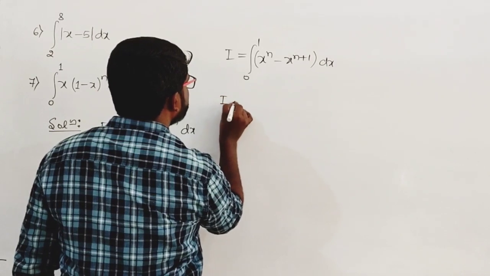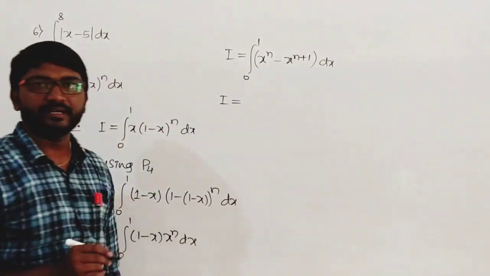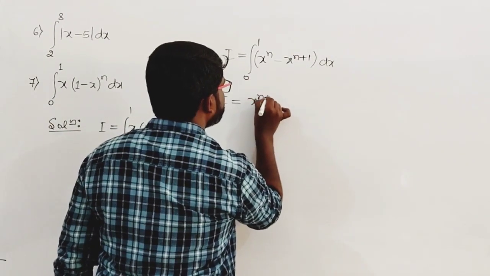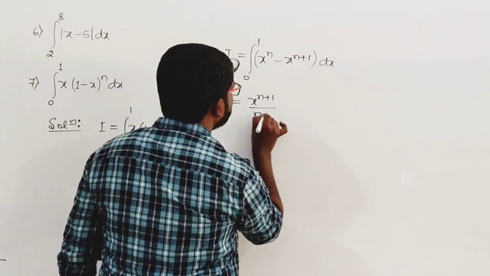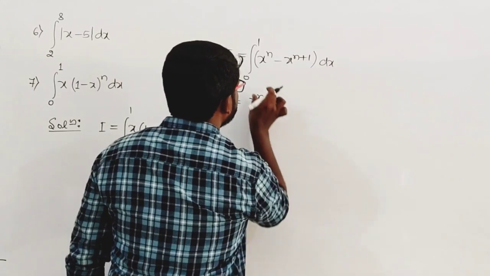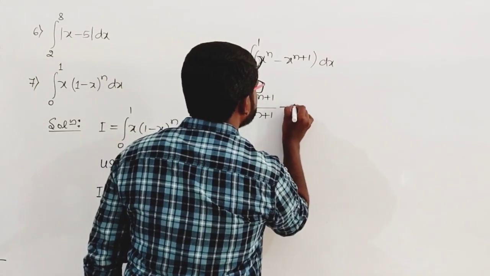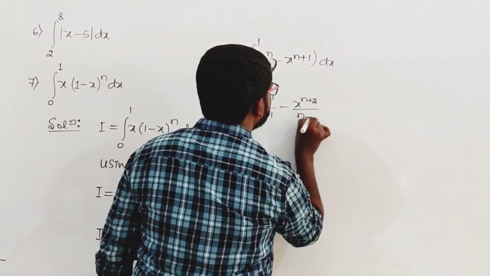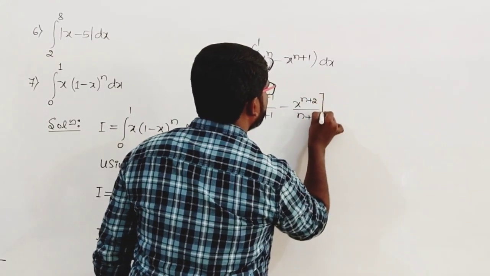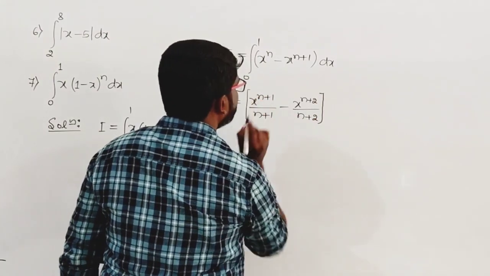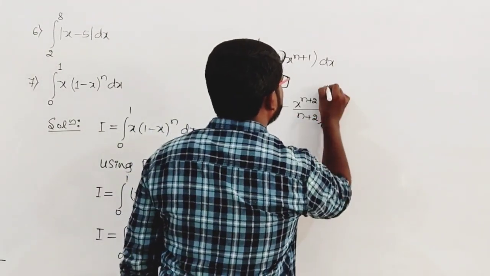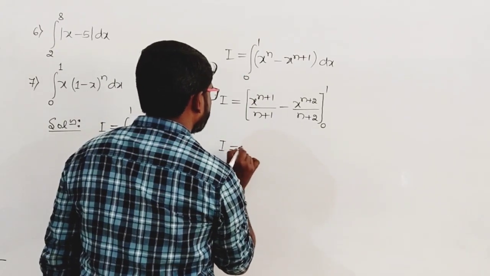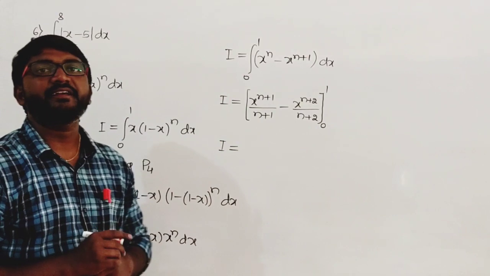Then I is equal to, now integrate them separately and apply the limit. Integration of x to the power n will be x to the power n plus 1 divided by n plus 1, then minus x to the power n plus 2 divided by n plus 2. Now apply the limit here, it is 0 to 1. I is equal to, so here upper limit minus the lower limit.